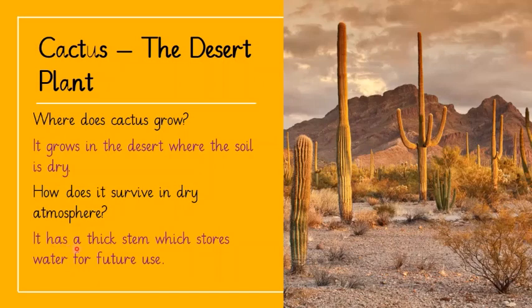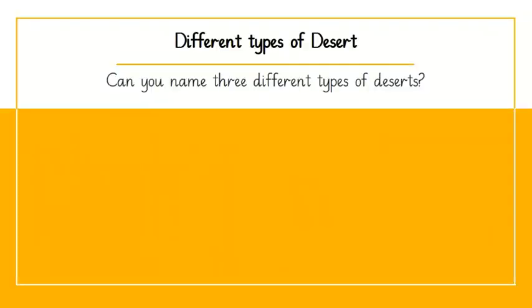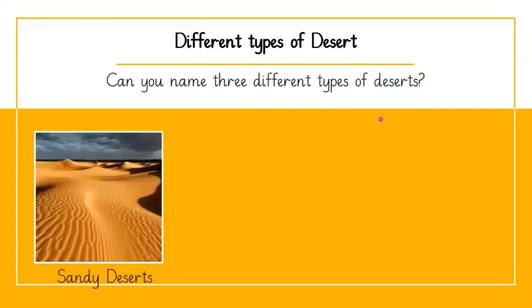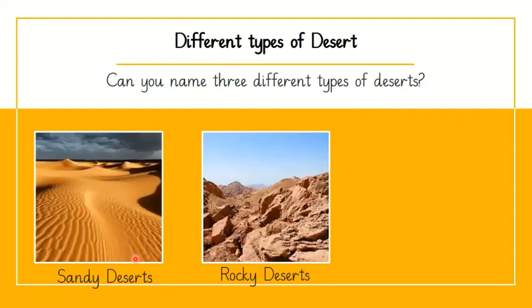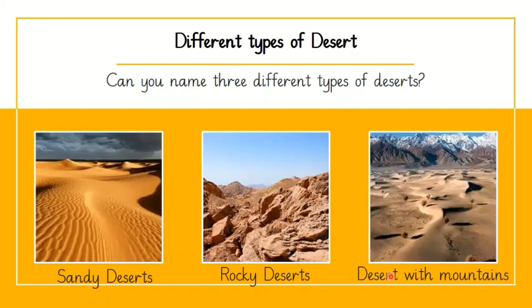It has a thick stem, as you can see over here, and this stem stores water for future use. That is how cactus can live for a long time without water. Can you name 3 different types of deserts? They are sandy desert, rocky deserts, and deserts with mountains.